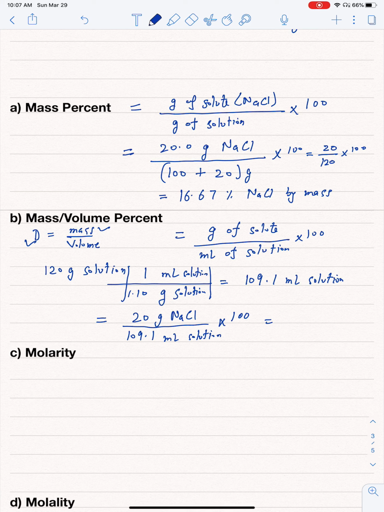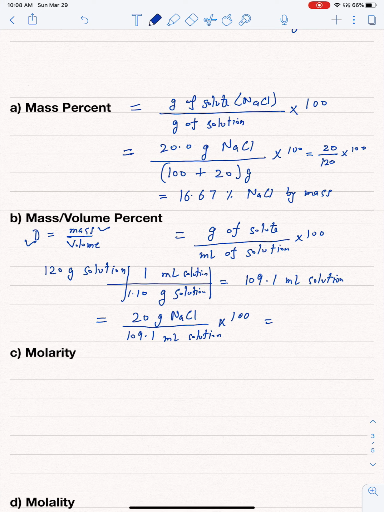When we do this math, a lot of the time the mass volume percent and mass percent are close to one another. They're not going to be exactly the same unless it's a very dilute solution. If it's a very dilute solution, then the density is usually considered to be 1, and that's when your mass volume percent and your mass percent would be the same. Otherwise, they're going to be slightly different.